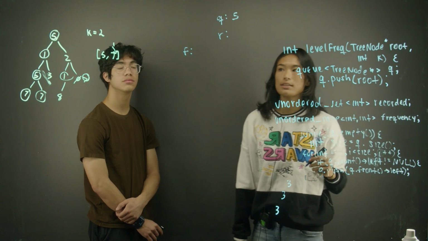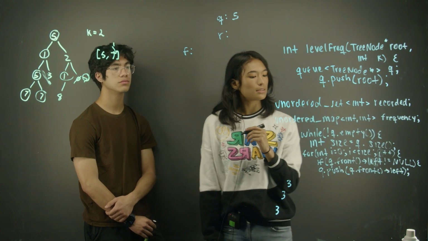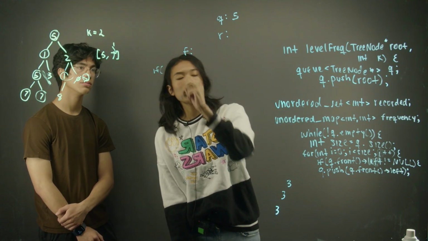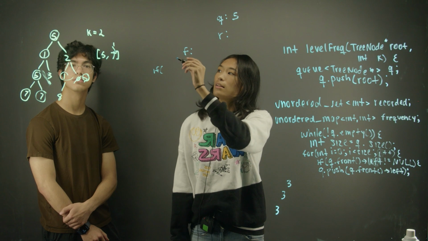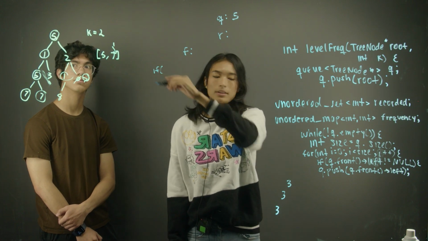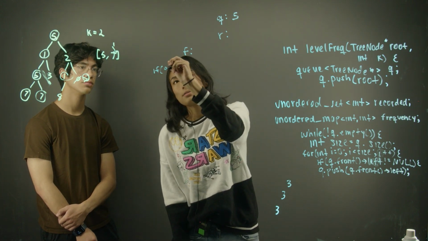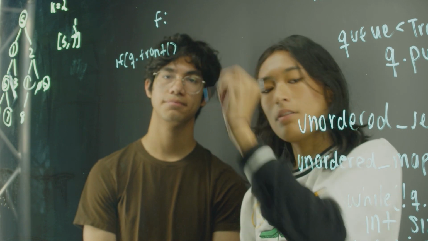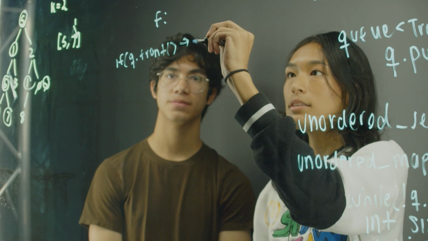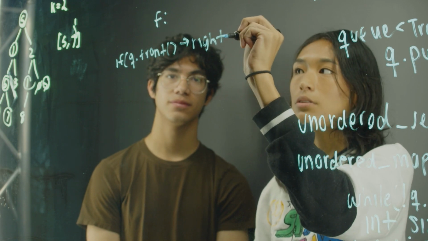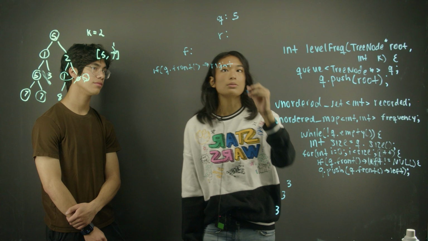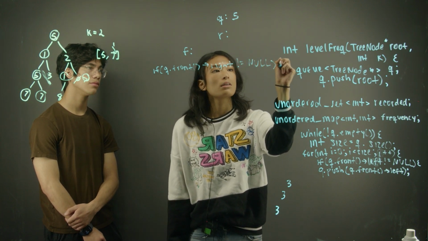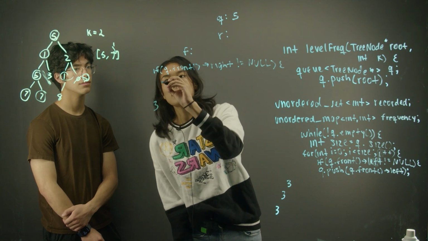So if 2 exists, and I will do that over here. So it will just be the same thing. So I'm just checking level 1. So that would be 0 and then 1. So if queue.front, which is still 5, right this time, so 2 is not equal to null, then I'm going to do the same thing.